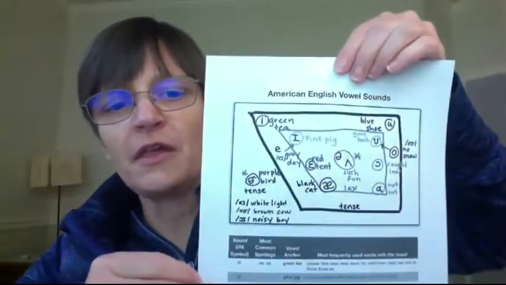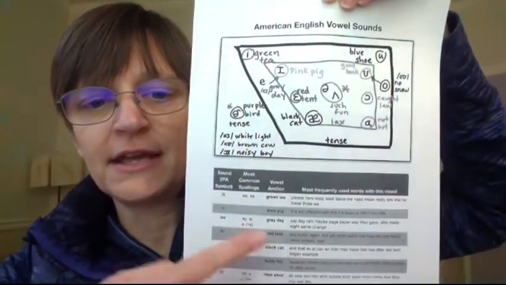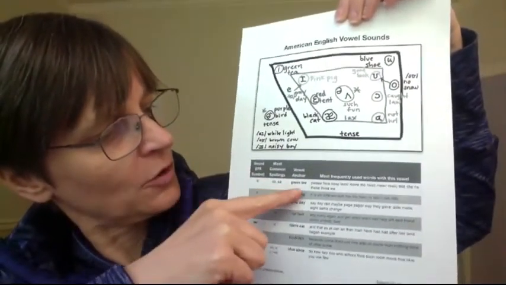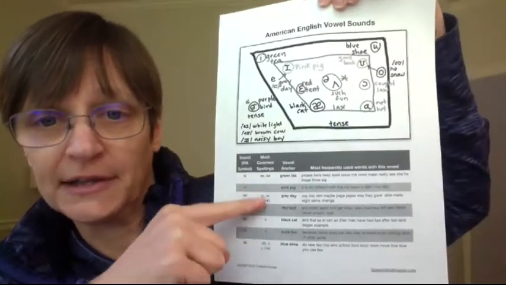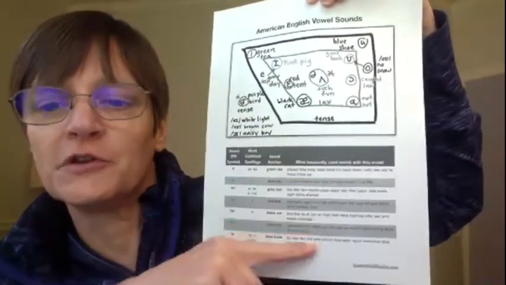I have some lessons and videos to help you with that, as well as a free download on my website that has this graphic for all of the vowel sounds. It has the symbols for the vowel sounds, anchor words, the most frequent spellings for those words, as well as the most common words for each of the vowels.